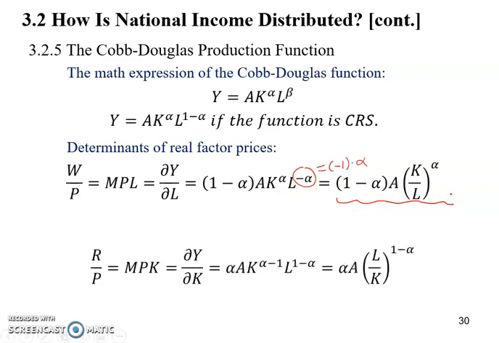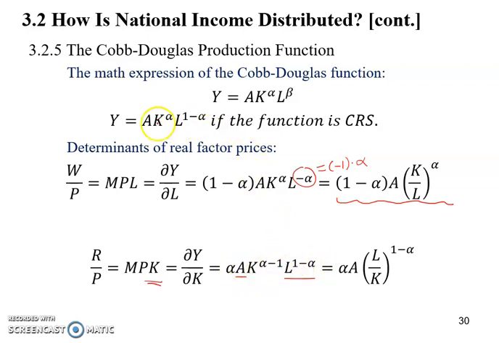For the real rental price, we're just going to do a similar thing. This time, remember, because we're trying to find the marginal product of capital, capital becomes a variable that can be changed, and labor is held constant. So we take the partial derivative of Y with respect to K. We keep the uppercase A and L to the power of 1 minus alpha the same, because there's no K in these parts.